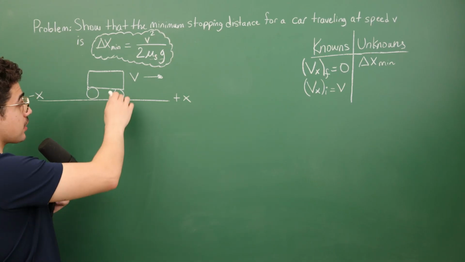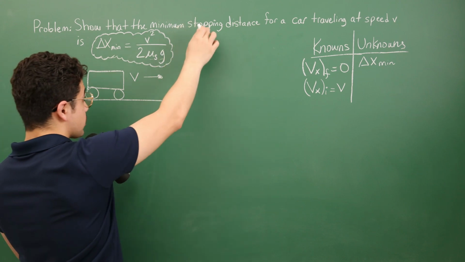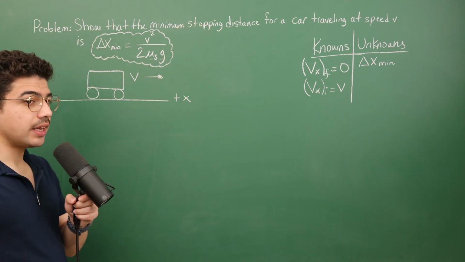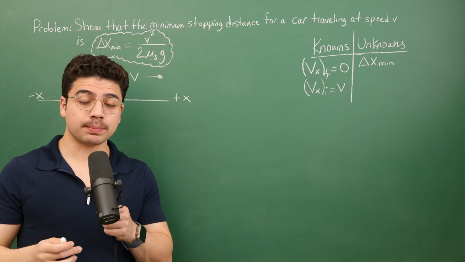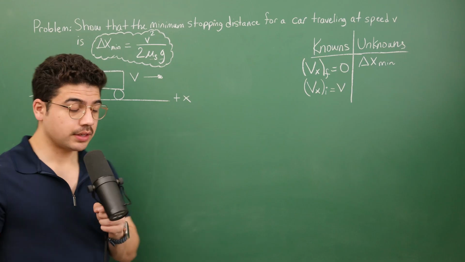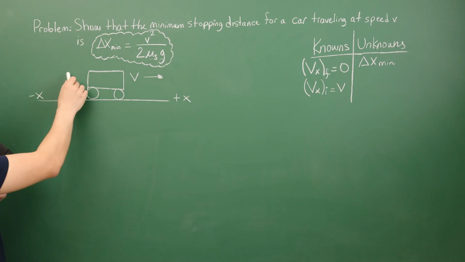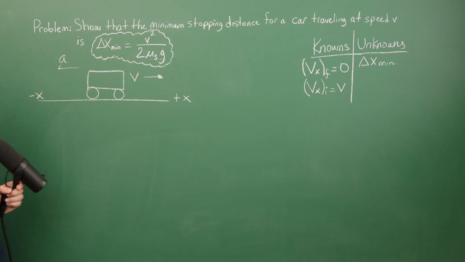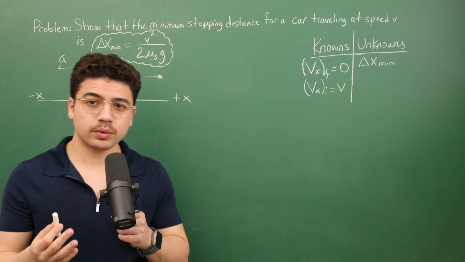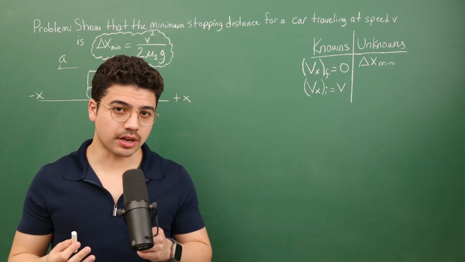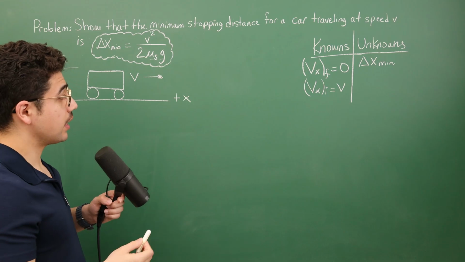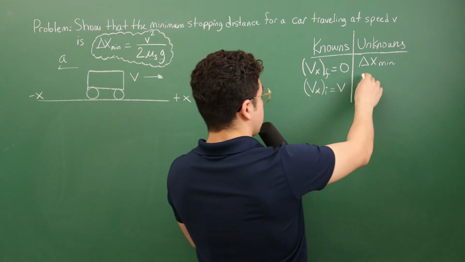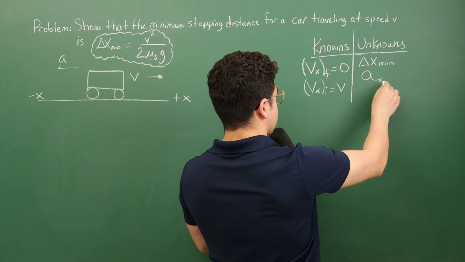But because this car starts at speed v and it's coming to a stop, there must be a net force acting in the opposite direction of its motion. So I know that there's some net force acting this way on it, and that's going to be the direction of the acceleration. That's the only way for objects to come to a stop. And so it's something I need to figure out, but I'm going to try to find this horizontal acceleration.